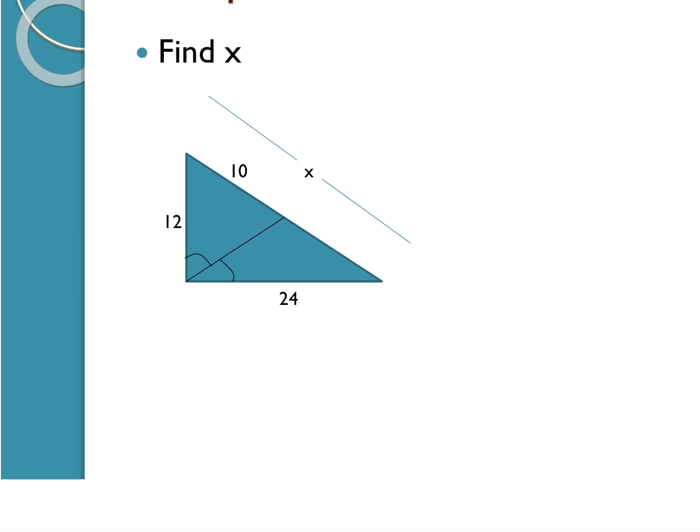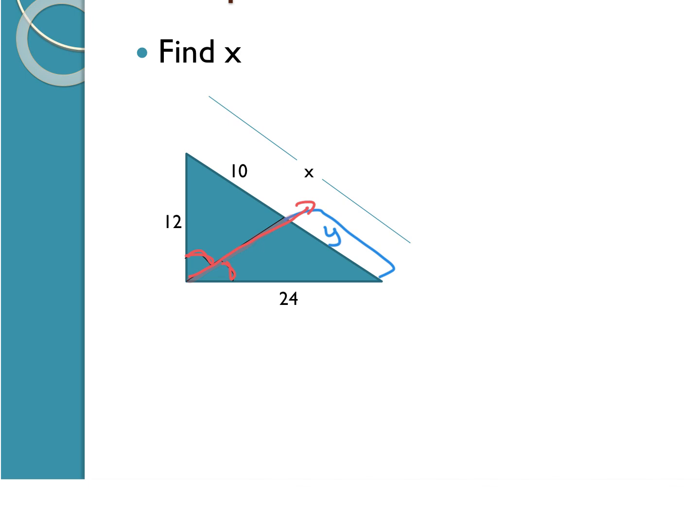So it wants me to find the value of x. Now, to make my problem a little bit easier, I'm going to add in another variable. I'm going to call this little piece right here y. Because again, this is the ray that bisected the angle. So here is my ray, and I can tell the angle was bisected by the congruent pieces.